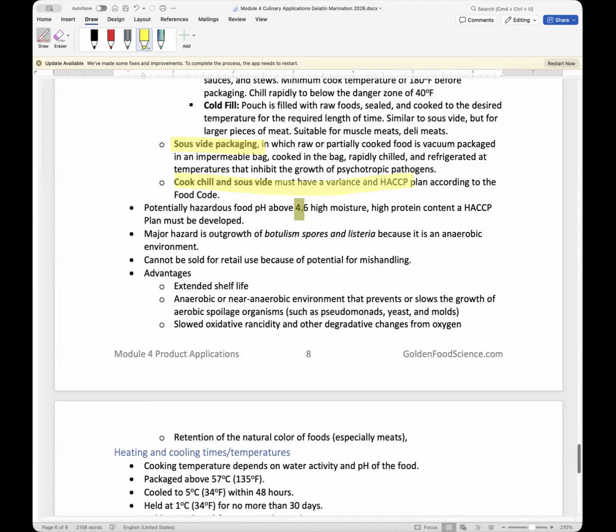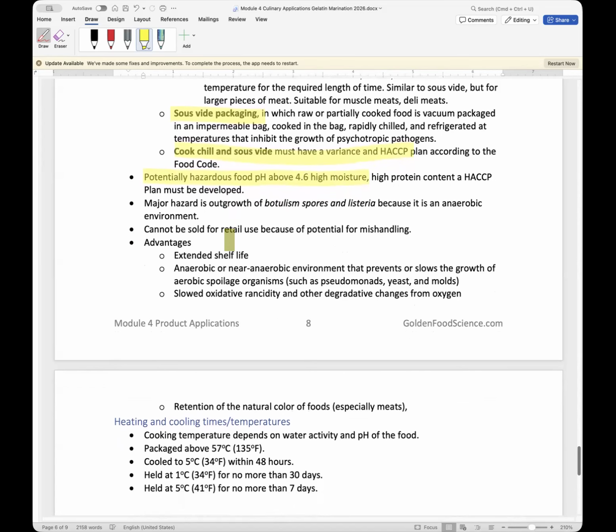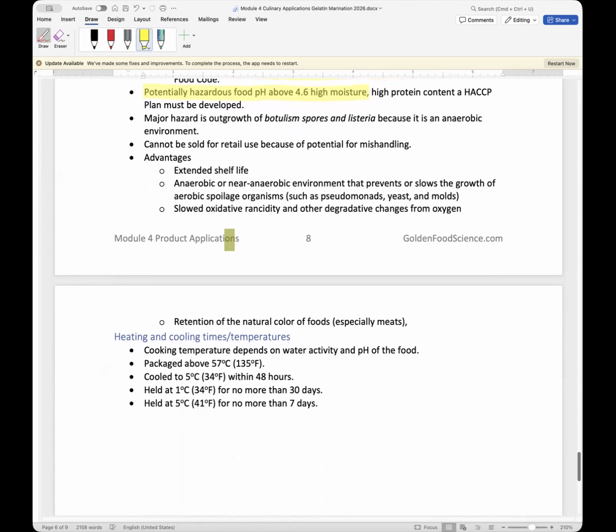This is used for potentially hazardous foods with a high moisture content, high water activity above 0.85, and a pH of 4.6 or higher. Those refrigerated foods that I talked about. So these are the heating and cooling times.